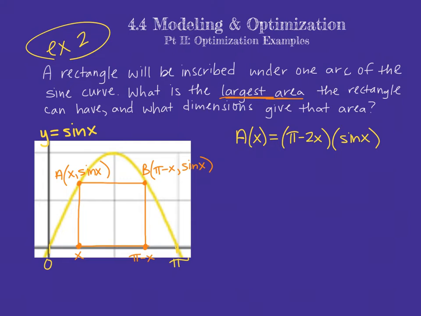So now that we have the equation that we want to maximize or optimize, we can actually perform the calculus on it. So that involves finding the critical points. That means that we have to take A prime of x and find A prime. We are going to be using the product rule, so I'm going to do u times v prime first. So u is pi minus 2x, and v prime is going to be the derivative of sine of x, which is cosine x.